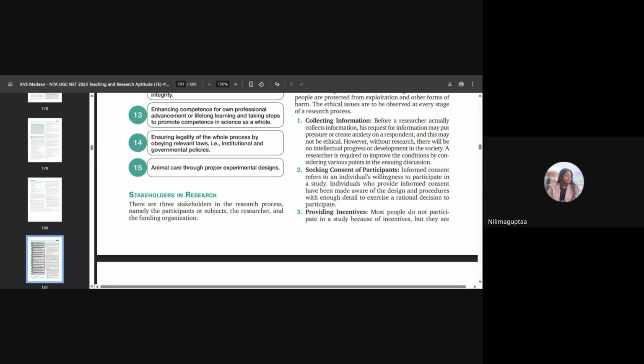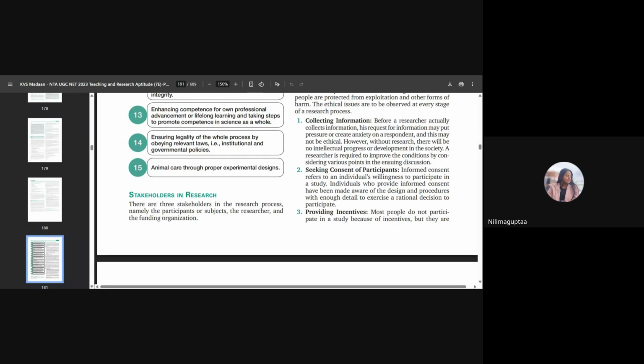A lot of privacy has been taken away in the name of research when we ask personal questions like age, income, family life, and family members. These are very personal, and people might not feel like sharing, which creates anxiety on the respondent and is not ethically correct.